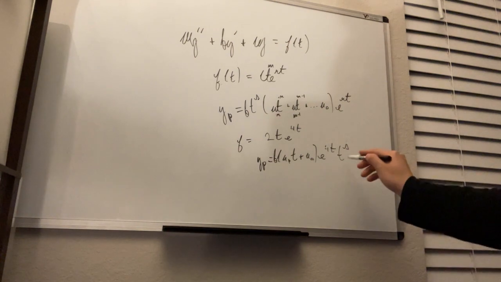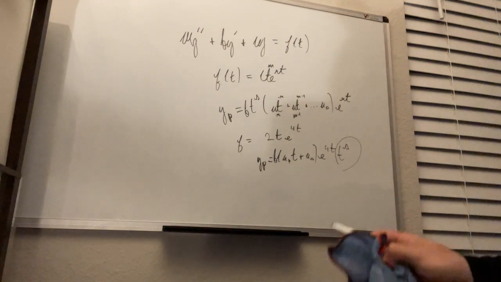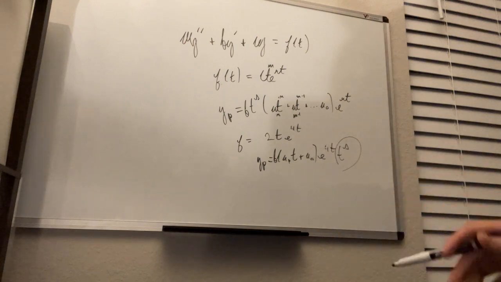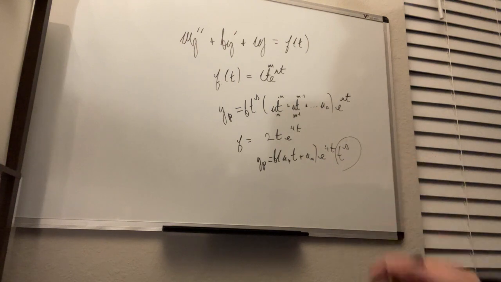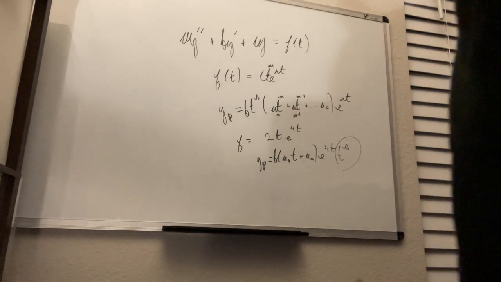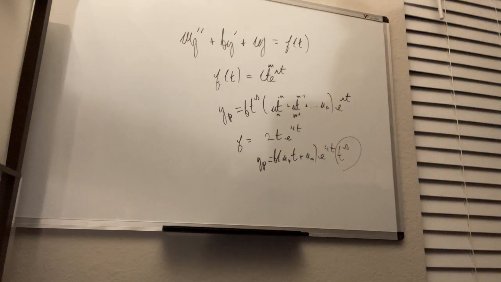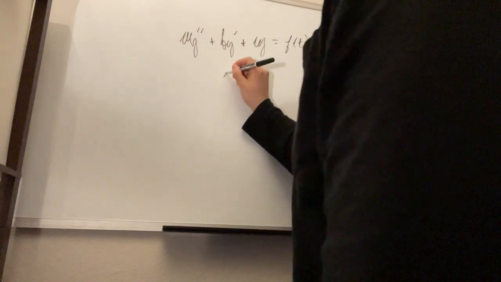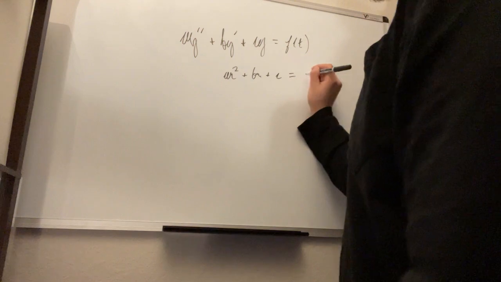Now, you may be asking, why do I have a t to the power of s? We do this because this factor actually depends on the roots of the auxiliary homogeneous equation. So remember that the auxiliary equation was of the form ar squared plus br plus c equals 0.